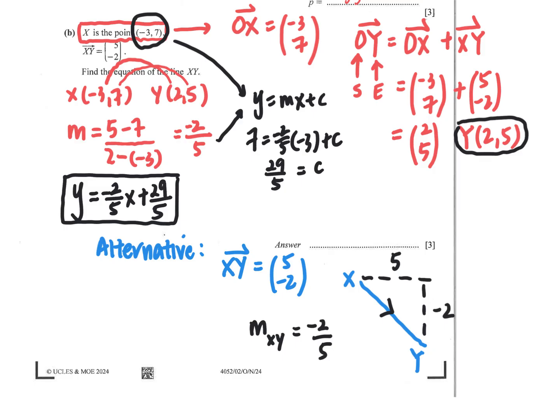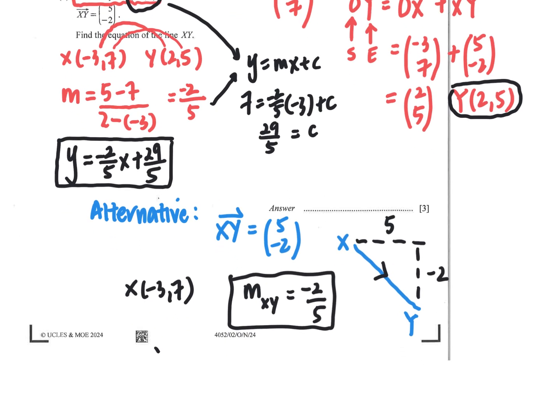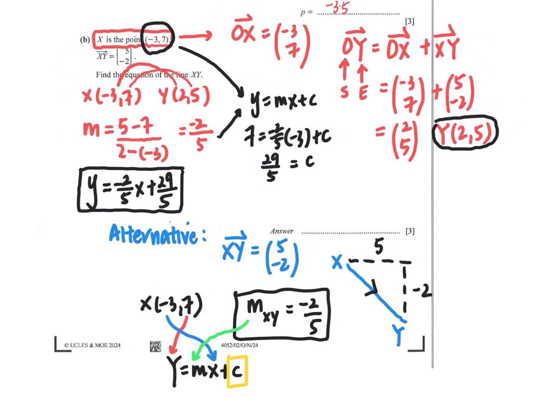With the gradient and the X coordinate they give you, you don't even need to find Y. Then you can find the equation already. Y equals mx plus c: put the y here, put the x here, put the gradient here, and then you find c. So the answer is the same as the one on top. I'm just showing you the shorter way. But you must remember, if you don't remember, then this short way doesn't work for you.